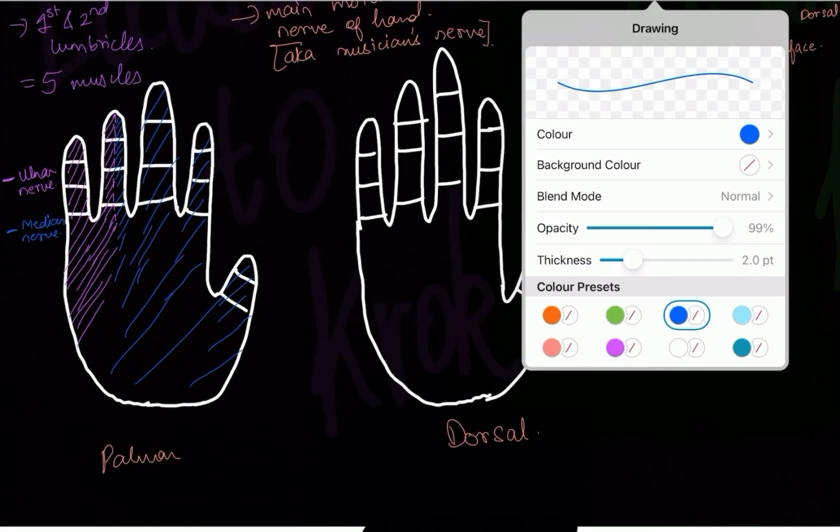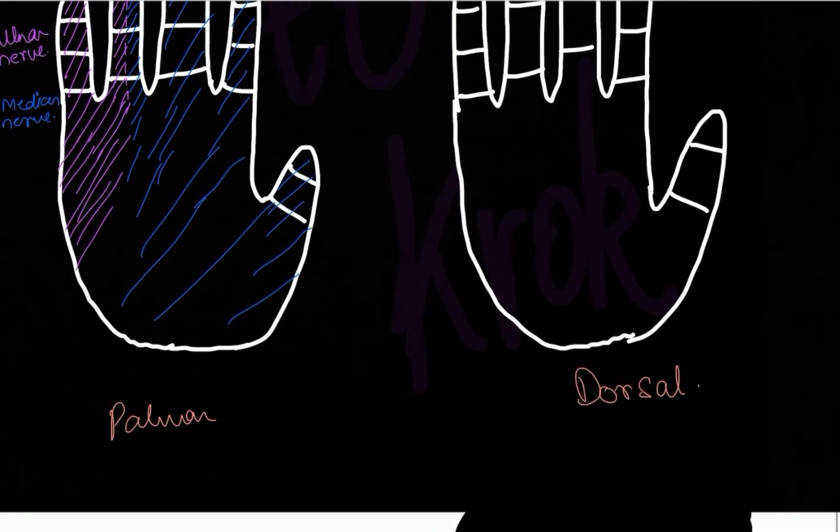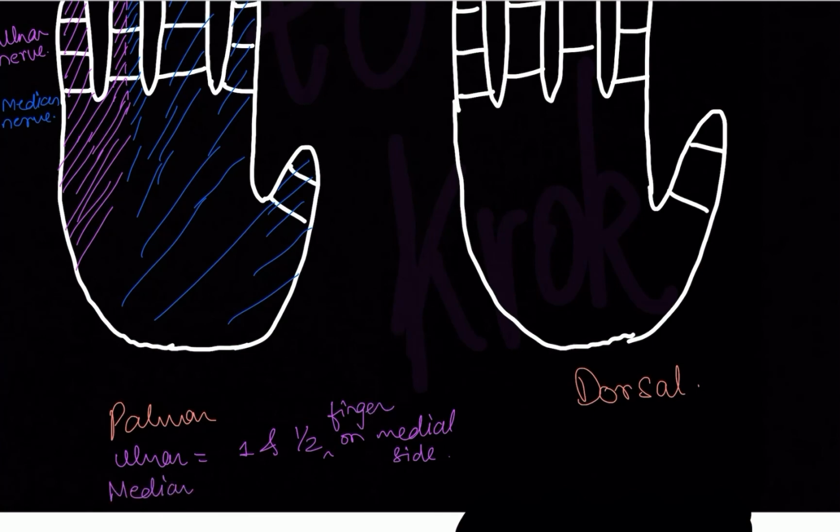So write down: ulnar supplies 1.5 fingers on the medial side. Median supplies 3.5 fingers, you can write on the lateral side also. The remaining half is supplied by the median nerve.